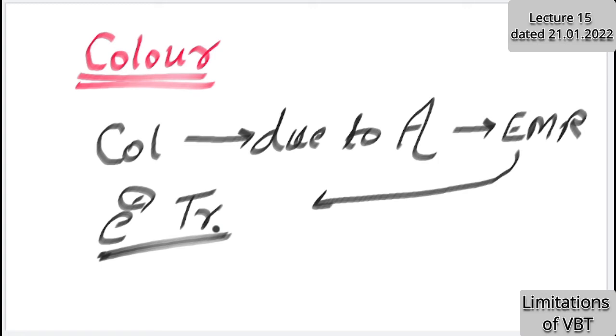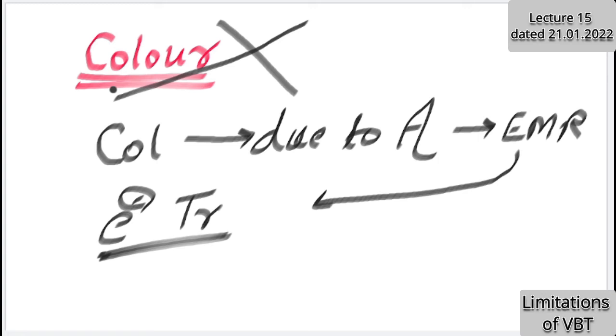If excitation or transition is not there, absorption will not be there. If absorption is not there, color should not be there. But the colors one sees are due to absorption. And about absorption, about splitting, about different energy levels, valence bond theory has not given any description. So valence bond theory could not explain the colors of the complex.